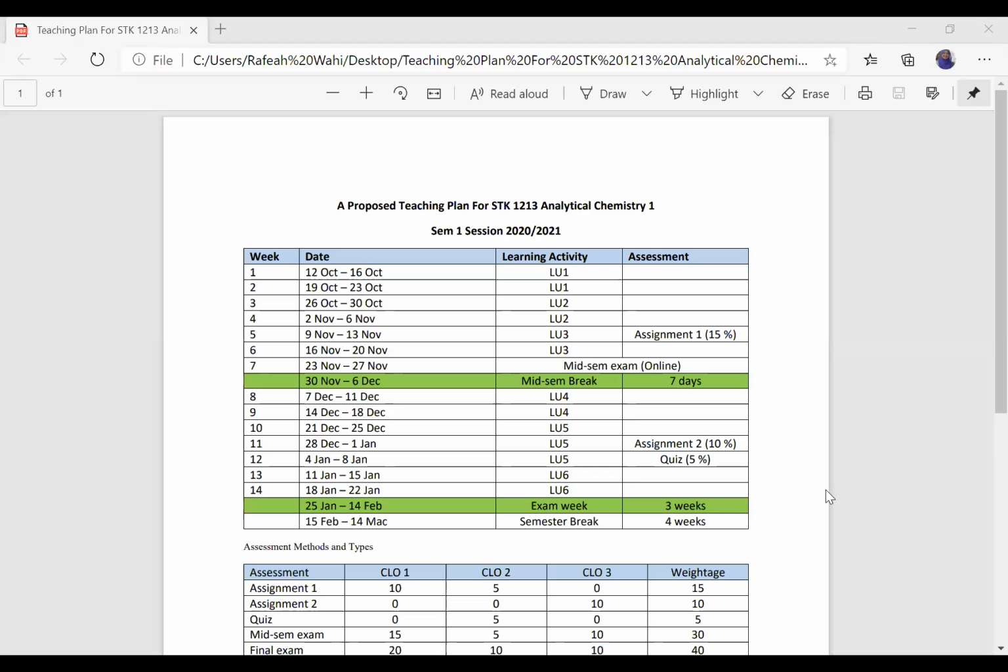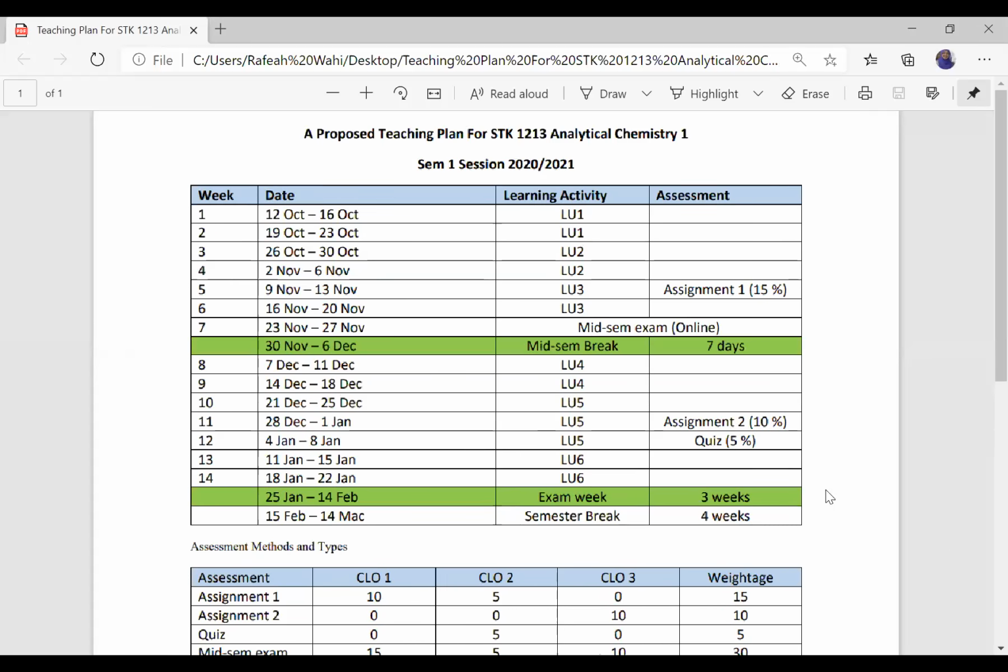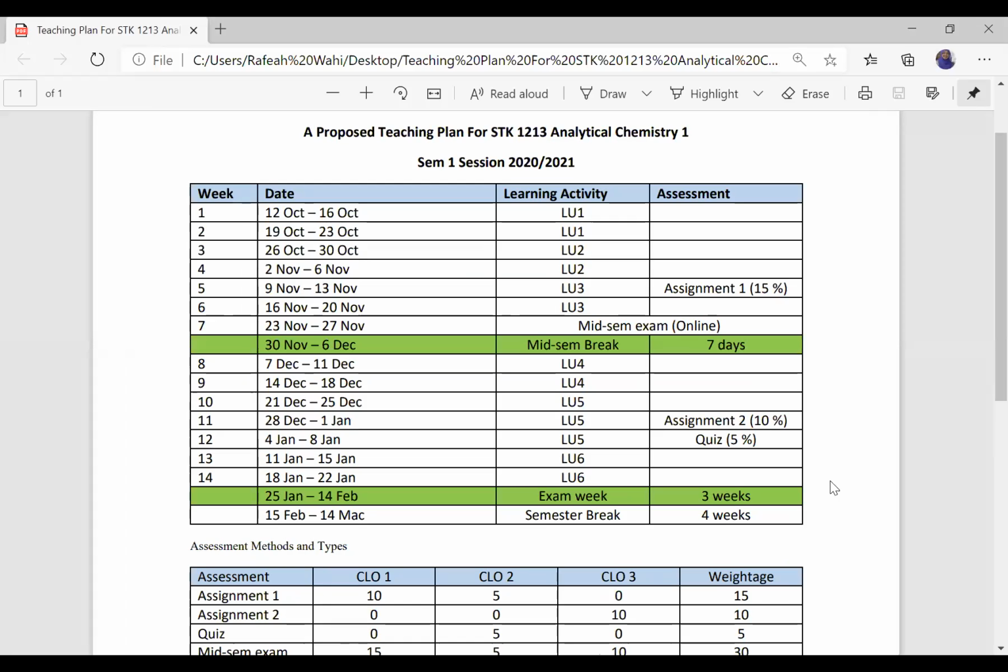Okay, if you look at this proposed teaching plan for STK 1213, we will have lecture until week 6, and you will have your mid-semester exam by week 7. On week 7, the mid-semester exam will be on the 24th of November, which is on Tuesday. You are going to utilize the schedule for STK 1211.